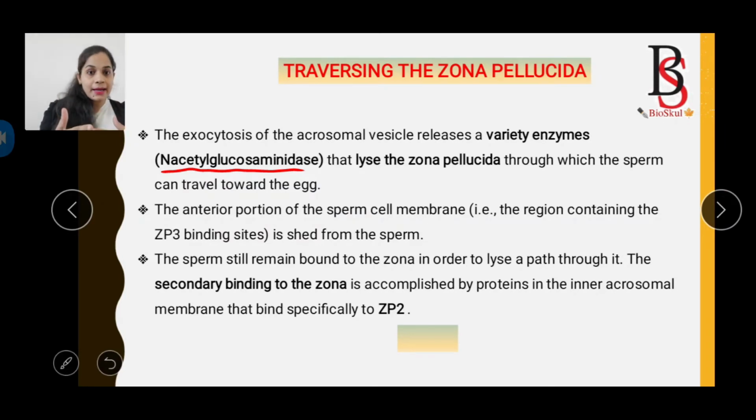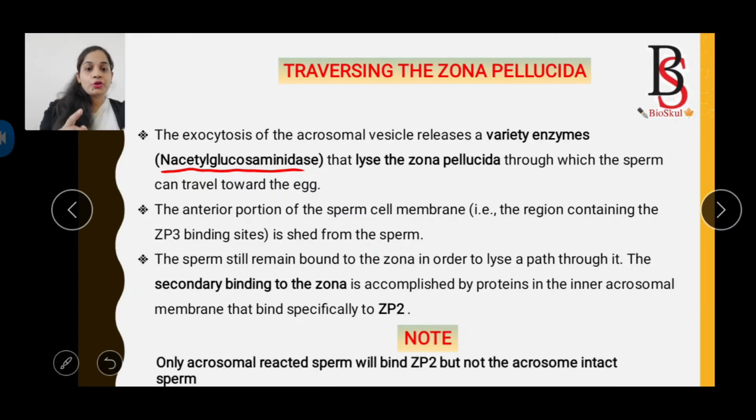The secondary binding of sperm to the zona is accomplished by a protein in the inner acrosomal membrane that binds to zona pellucida 2. So before the acrosomal reaction, the sperm membrane binds to the ZP3 of the zona pellucida, but after the acrosomal reaction, the inner membrane of the acrosome binds to zona pellucida 2.